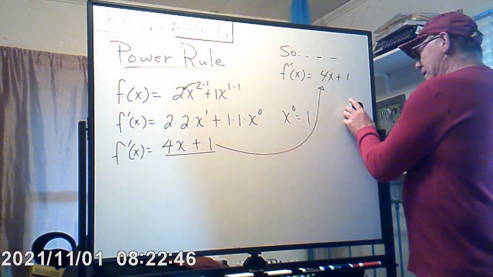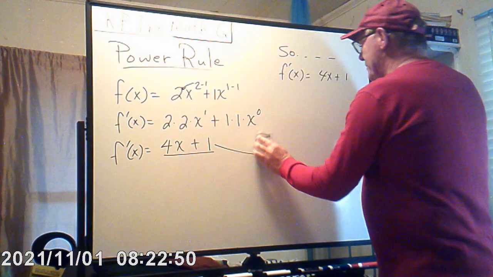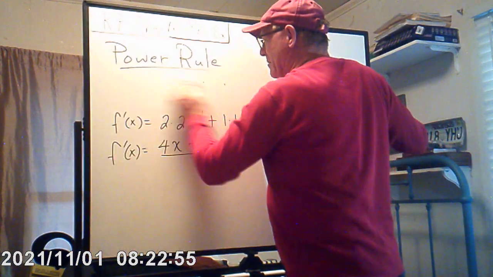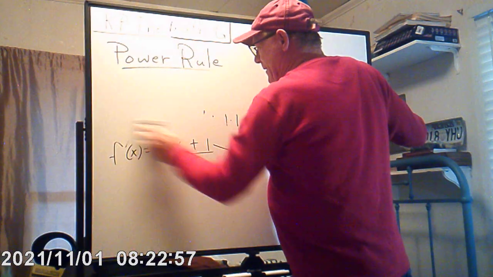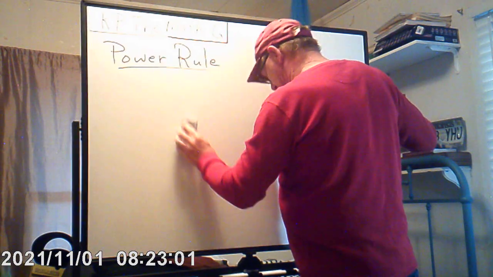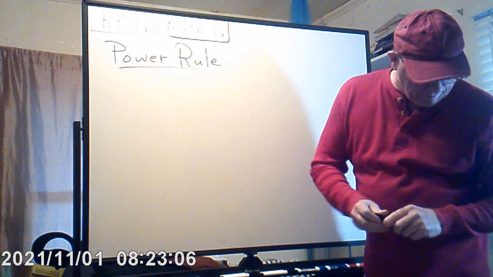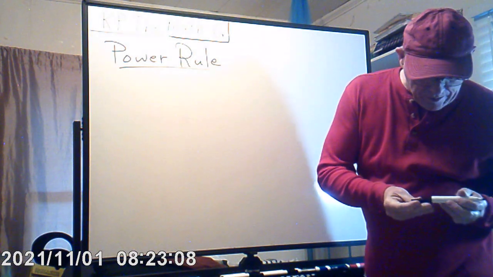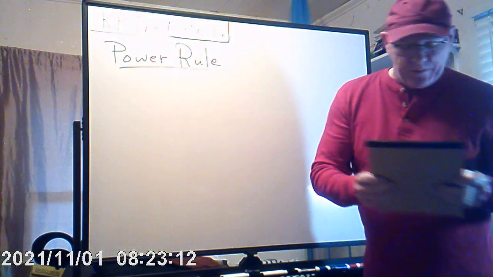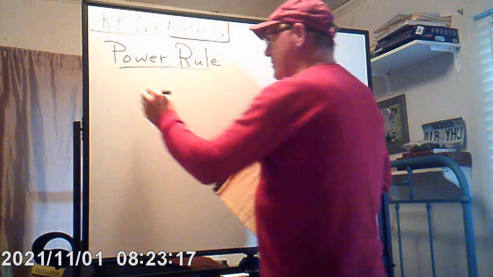Let's do another polynomial that has a little more to it. Let's keep that power rule going, guys. All right, power rule. How about that? That's nice. Well, let's see here. I think we need to do something like this. Hey, I tell you what, let's do g.